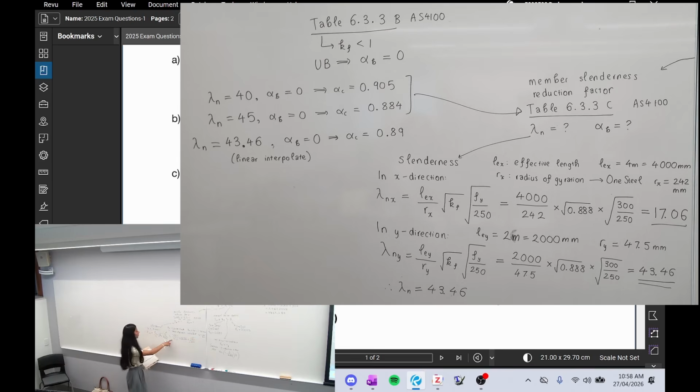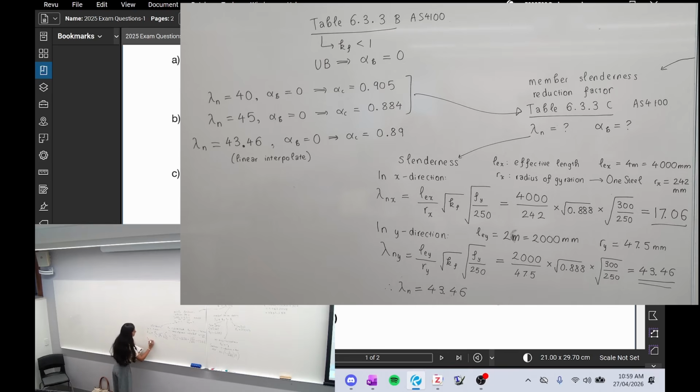When you're looking at the length and the radius here, it doesn't matter what units you use, just as long as they're both the same so that they cancel out. They can both be meters or both millimeters. Just make sure you don't have one in meters and one in millimeters. It's just got to match. So this will give you a slenderness of 17.06 in the x direction.